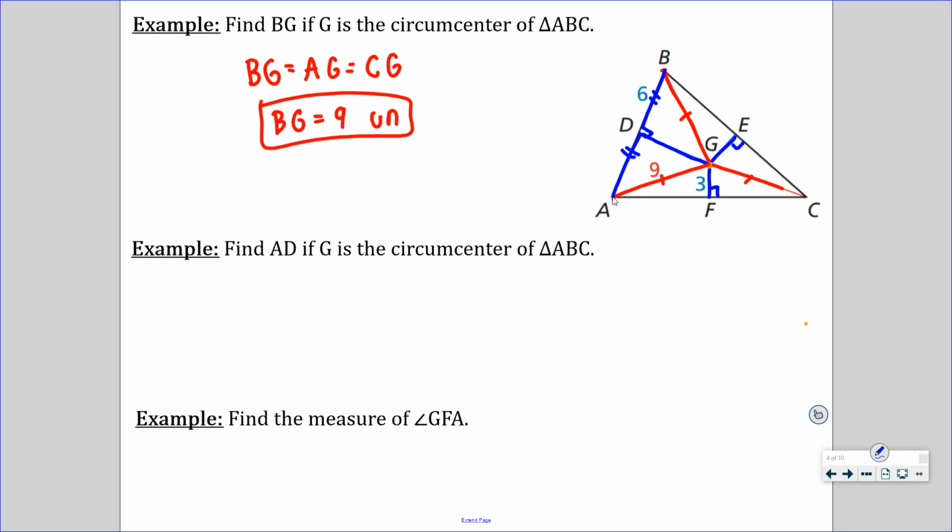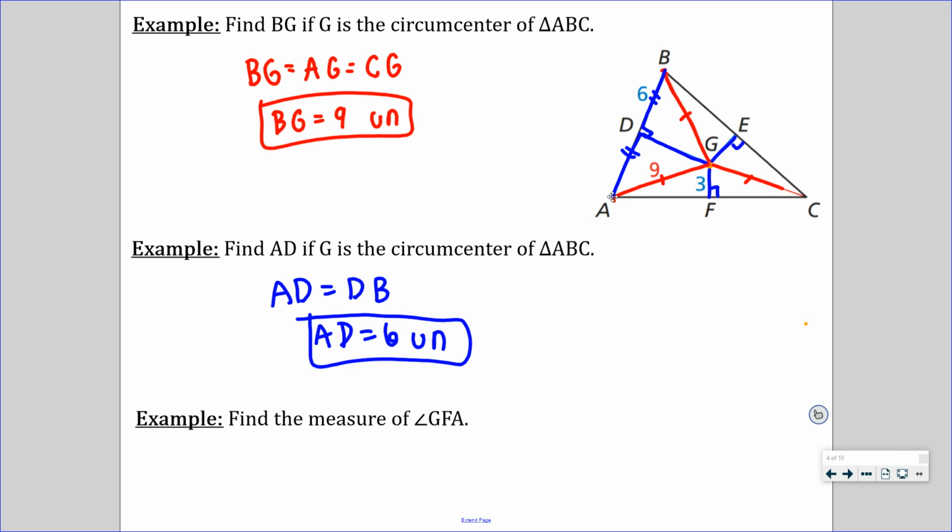Meaning AD is going to be the same distance as DB. So it'd just be 6 units. Not bad, right? This would be hard to do if you didn't know all those characteristics of the circumcenter. I don't really think of it as a theorem. I more think of it as characteristics or properties of a circumcenter.